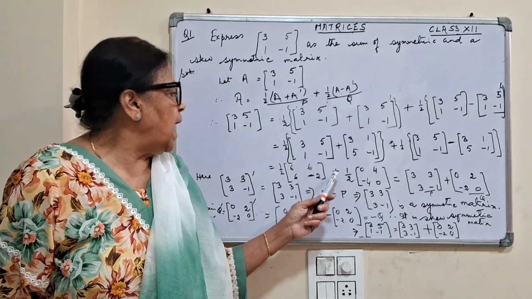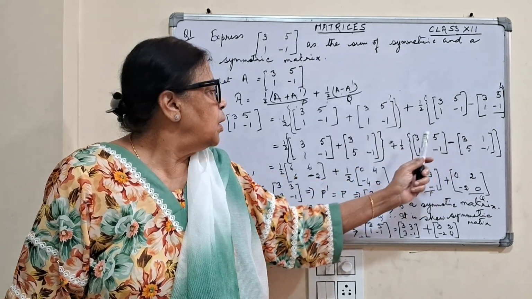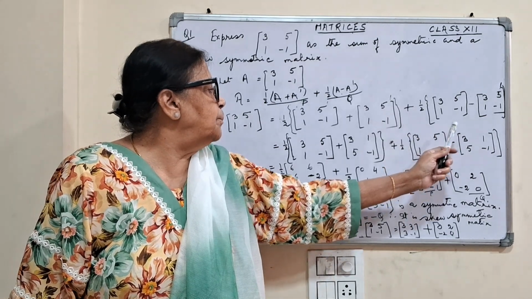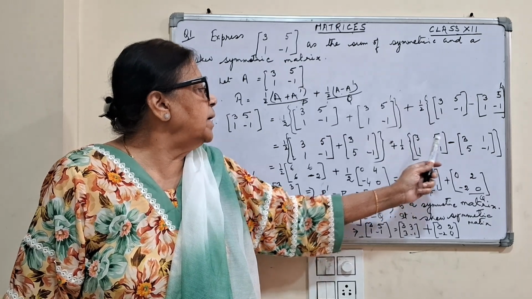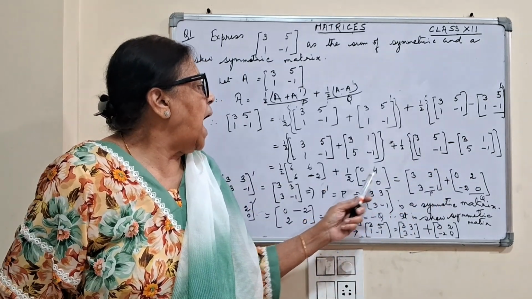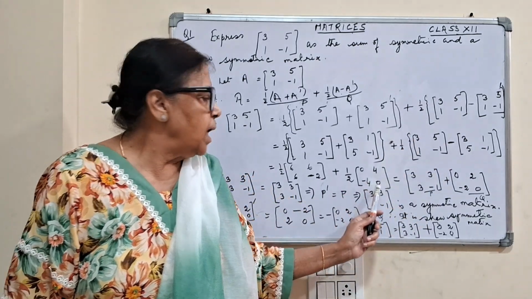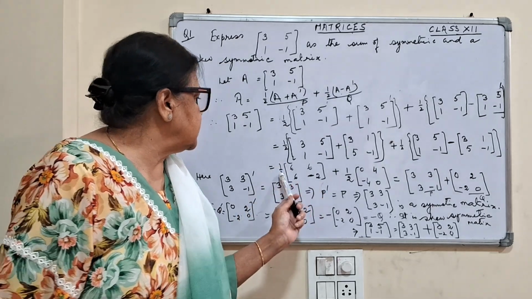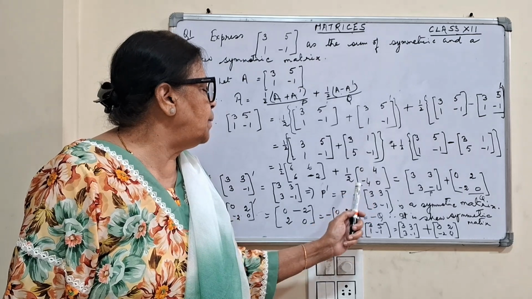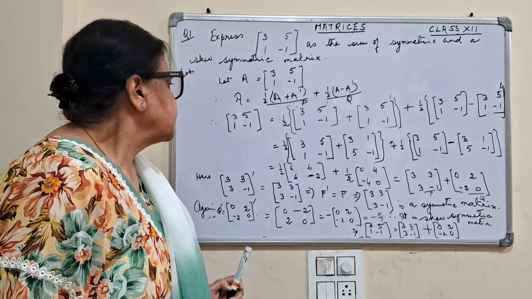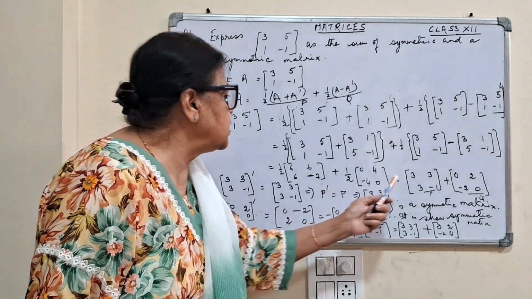And when we subtract, 3 minus 3 is 0, 5 minus 1 is 4, 1 minus 5 is minus 4, and minus 1 minus of minus 1 is 0 here. So I make it half of [6, 6; 6, -2], that is [3, 3; 3, -1], and this is [0, 2; -2, 0].